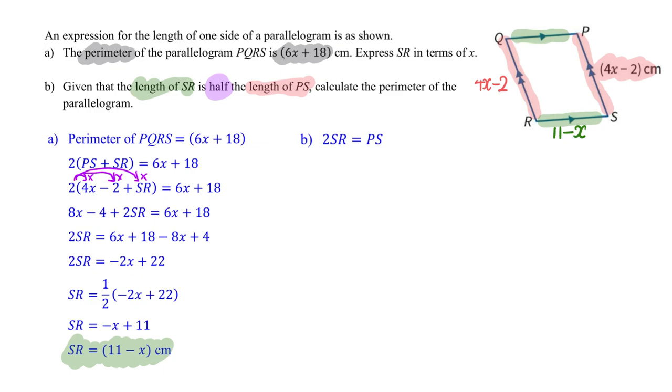Half of PS is equal to SR. And I'm going to substitute in the expression: 2 times my 11 minus x is equal to 4x minus 2.